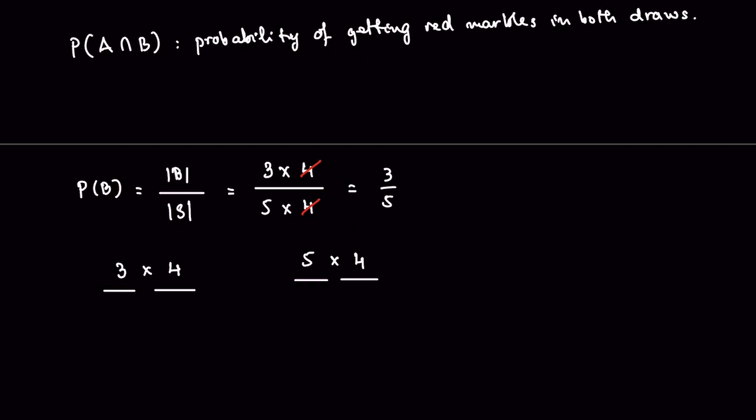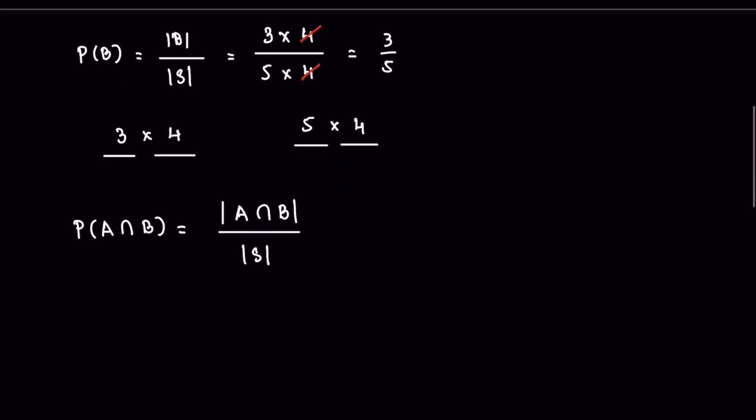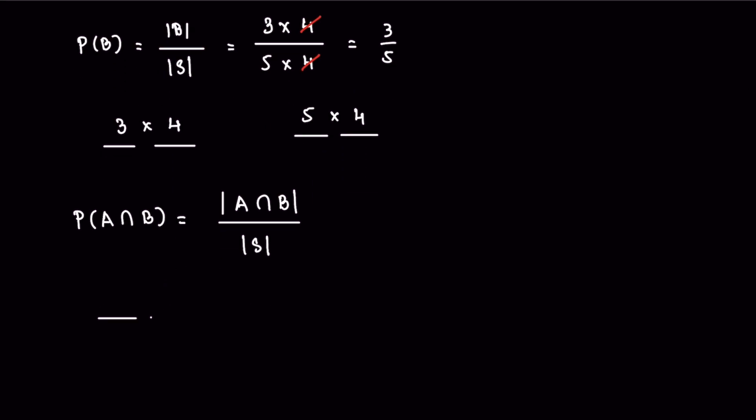Now I'm going to move on and do the calculations for the probability of A intersect B. This is going to be equal to the cardinality of A intersect B over the cardinality of S. So again, remember you also have 2 draws in this case.